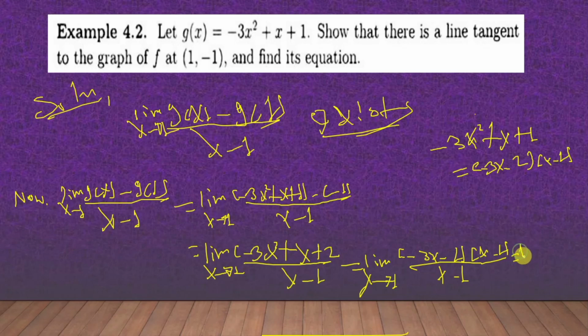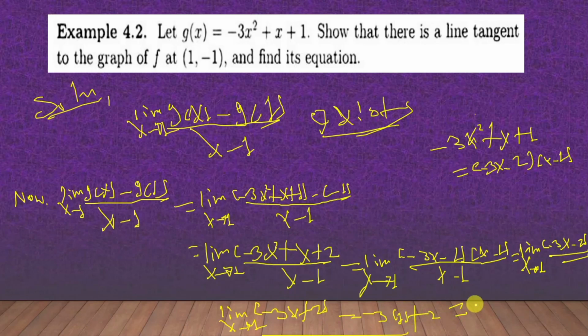We get the limit of minus 3x minus 2 as x approaches 1. Now we get a linear function, then we directly substitute the value of x: minus 3 times 1 minus 2.